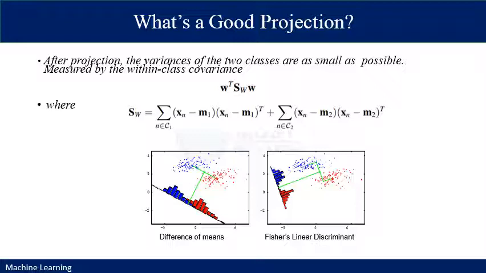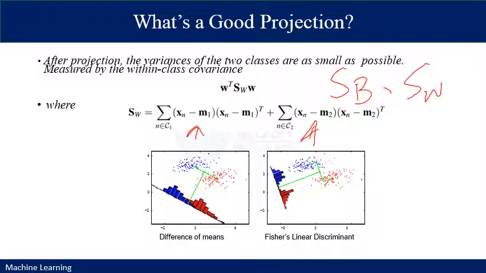So just like the variance between classes was represented by S_B, the variance within classes is represented by S_W, and our within class variance is measured by taking the difference of each example from the mean of the first class and the difference of each attribute from the mean of the second class.